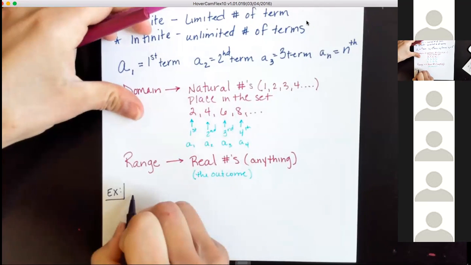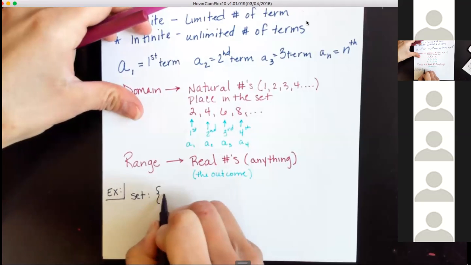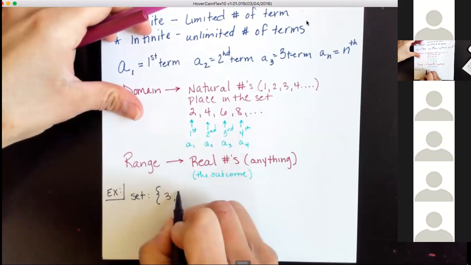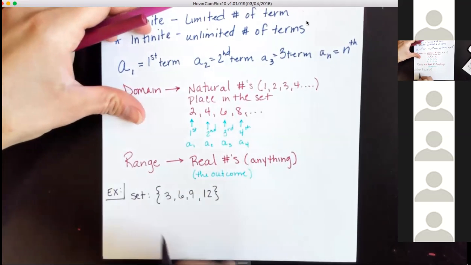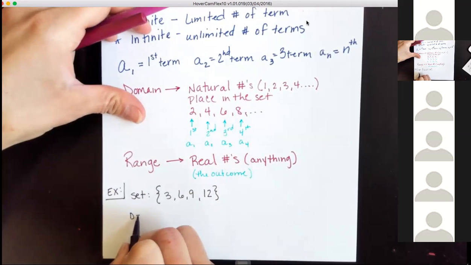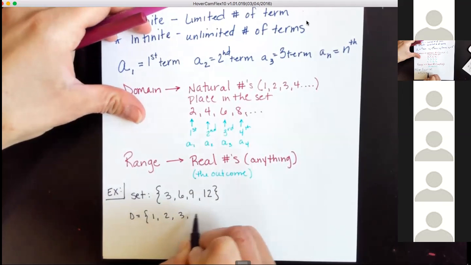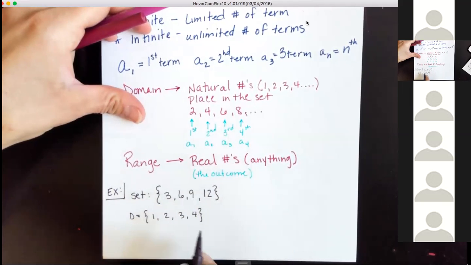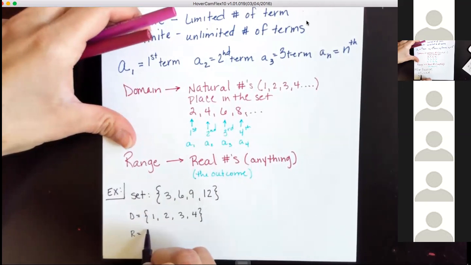So if we have a set of numbers where we're just looking at 3, 6, 9, 12, the domain is 1, 2, 3, 4, because that's how many places are in this set. The range is the actual outcome. It's the 3, 6, 9, 12.